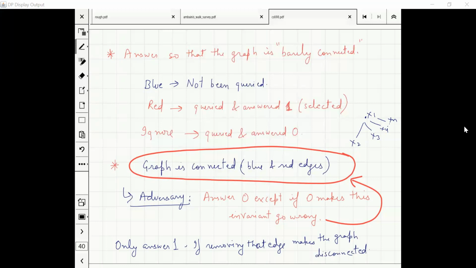When I say makes the graph disconnected, I am talking about the graph which is made up of blue and red. Again, I haven't proved that this strategy will work, but that we will do in a minute. But is the strategy clear?